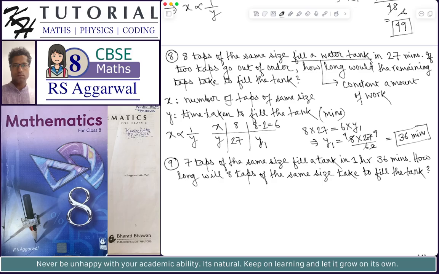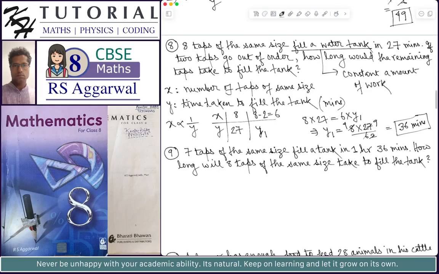Now clearly, if you decrease the number of taps, then obviously the time taken to fill the same tank will be more, and that is the reason we are having 36 minutes as the answer, because earlier when the number of taps was 8, the time taken was 27 minutes, which is less than 36.